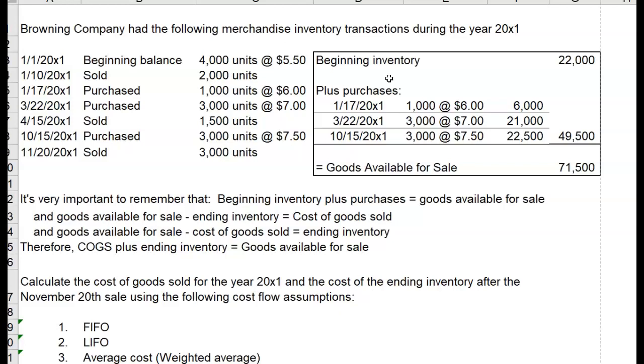As mentioned in earlier videos, the specific identification cannot be used unless a company has the ability to specifically track a piece of inventory back to its purchase invoice.